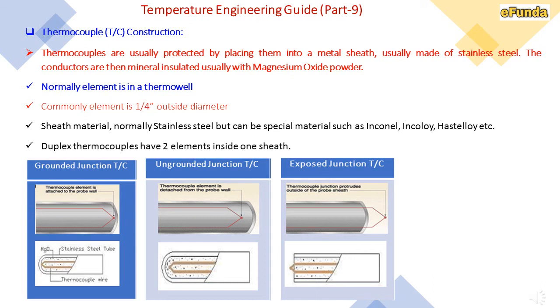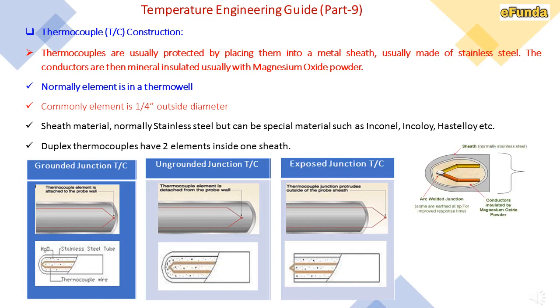Duplex thermocouples have two elements inside one sheath. One can see in the figure arc welded junctions and conductors insulated with magnesium oxide powder. The sheath is normally stainless steel, and the complete thermocouple assembly one can see in the last figure.